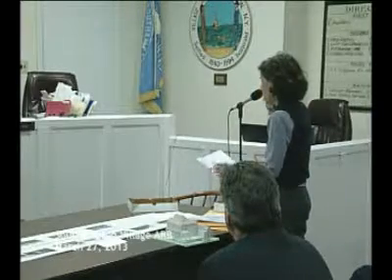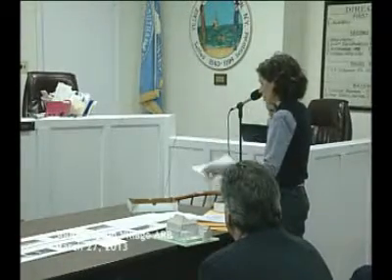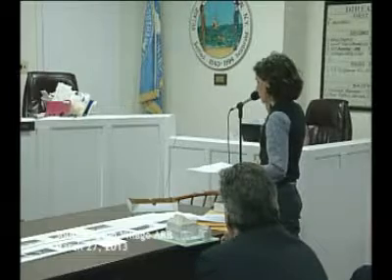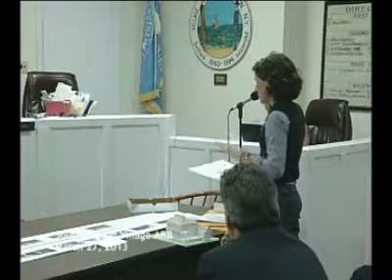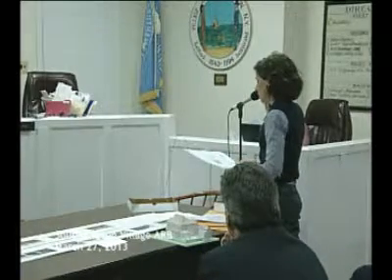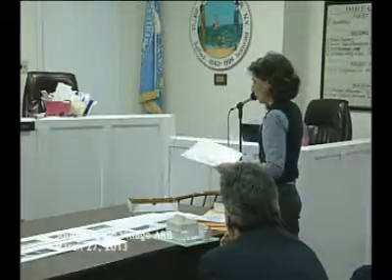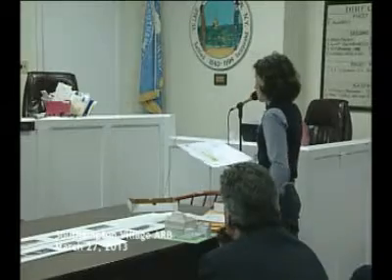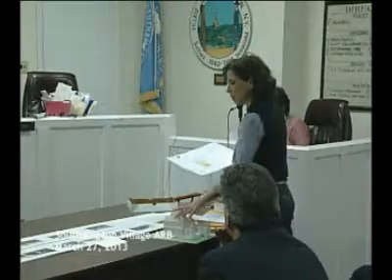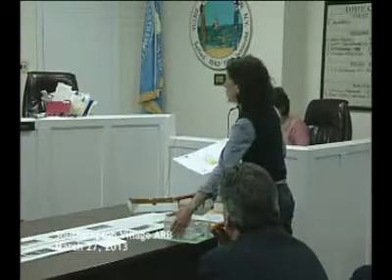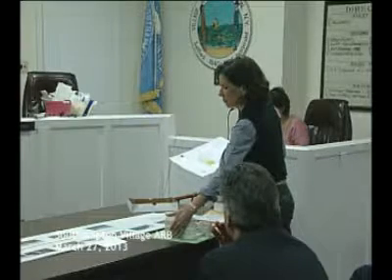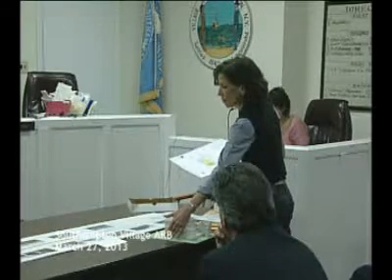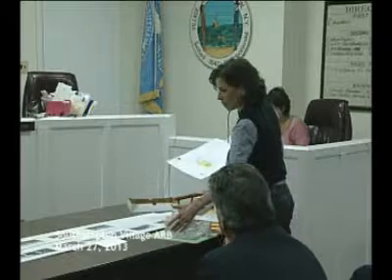I did an overlay of the existing house and the proposed home. On the west side, we've pulled the house in from the side yard, so we've actually increased the setback on the west side.